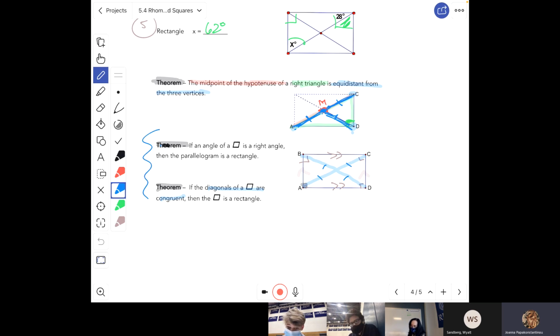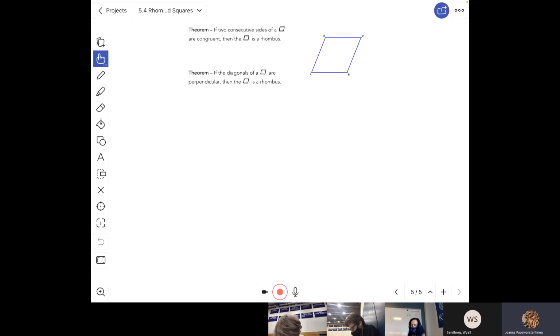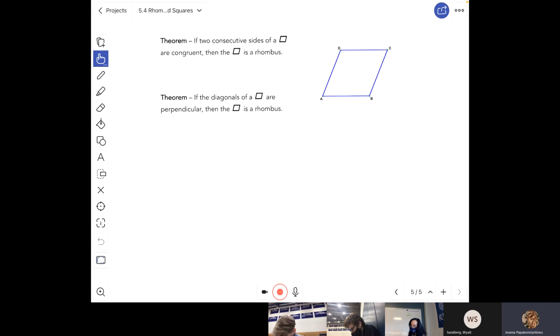So these have to do with becoming a rectangle from a parallelogram. Two more theorems. While these two demonstrate how to become a rectangle from a parallelogram, the last two are going to talk about how to become a rhombus from a parallelogram.